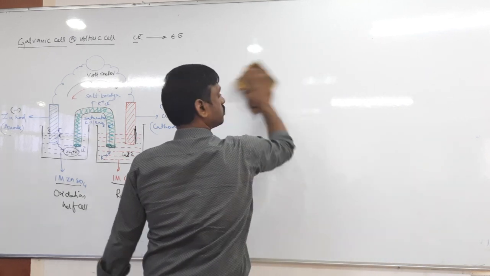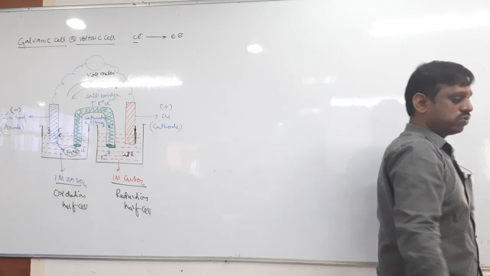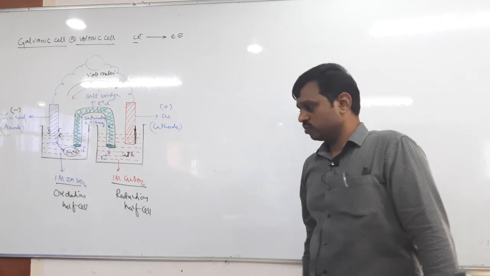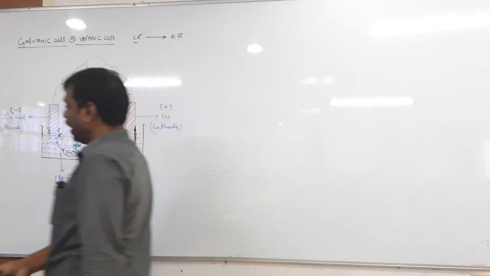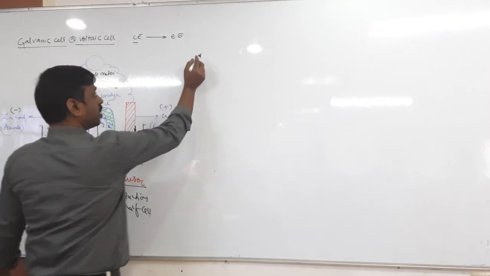Two, the migration speed of the cation should be equal to the migration speed of the anion.